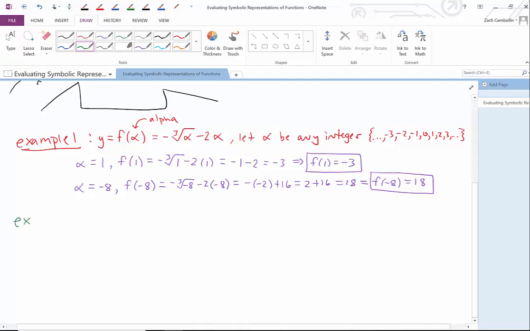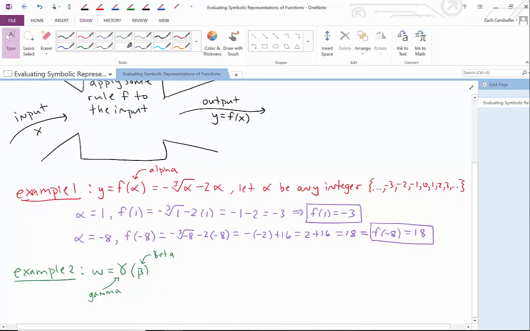Example 2 here. This time we're going to use a bunch of other symbols that we haven't seen so far. How about if we call the output this time w, and then we'll let our function rule be gamma, and our input be beta. So that symbol right there, that is beta. This symbol is gamma. And the output w, whatever that is.